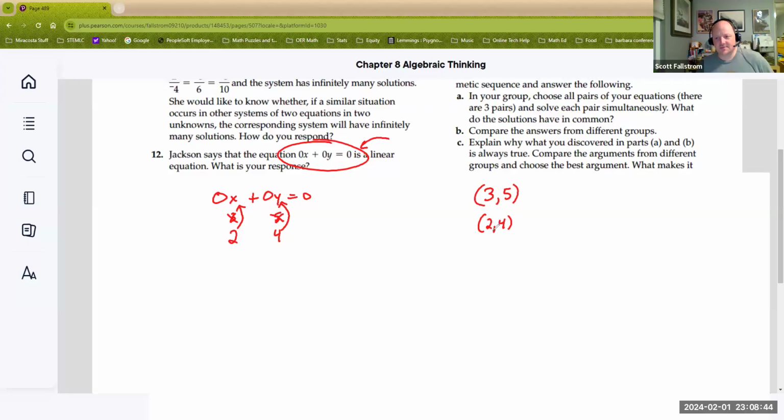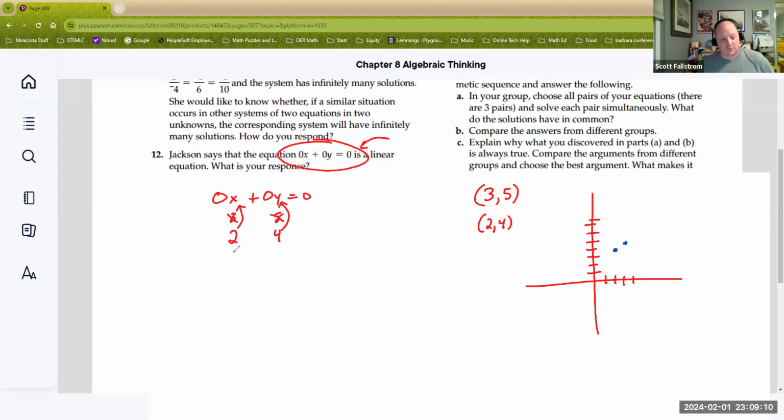Now for the most part, if we graph a linear equation, we should get a line. So let's check. I have the point 3, 5. There it is. Next one is over 2, up 4. Okay, there we go.